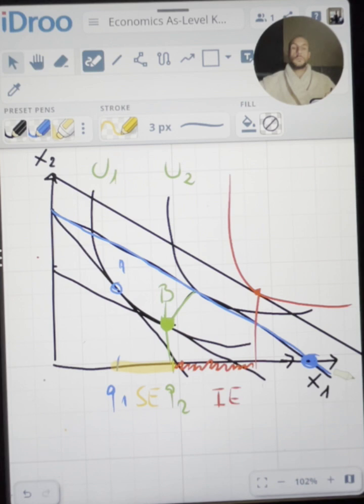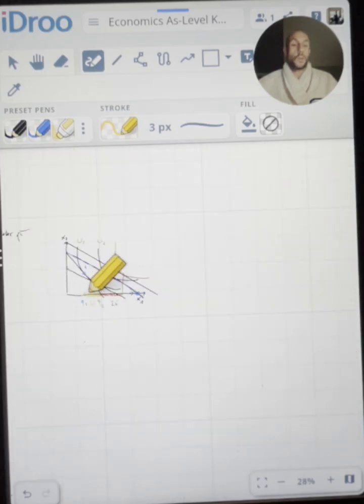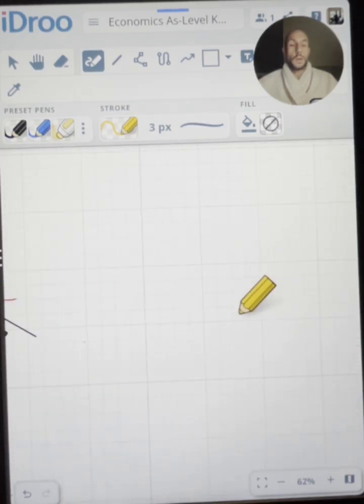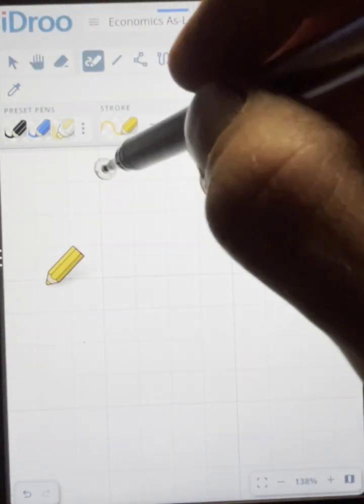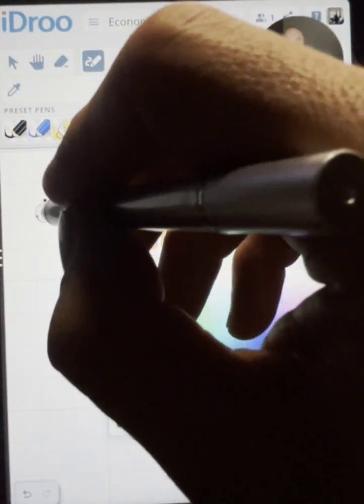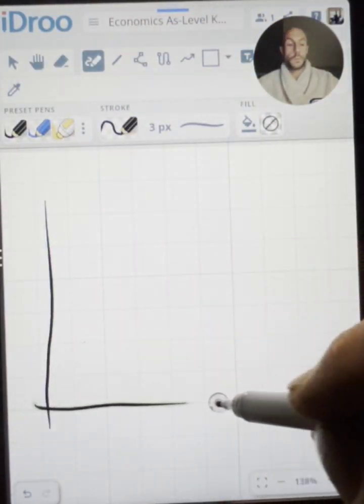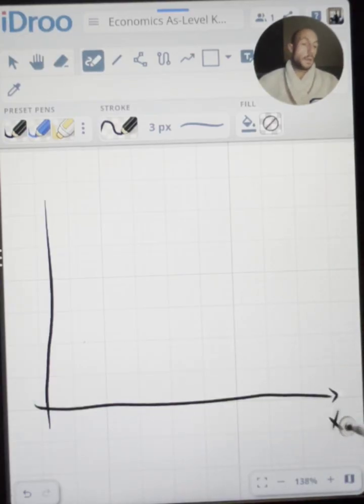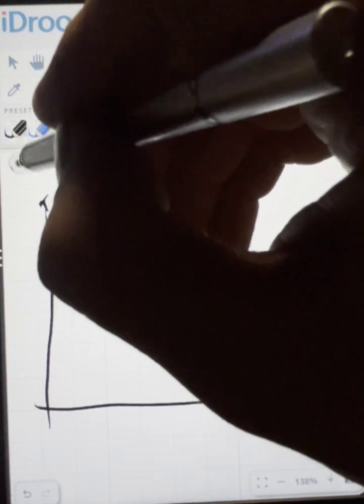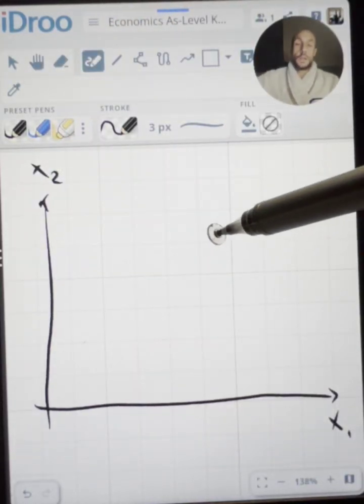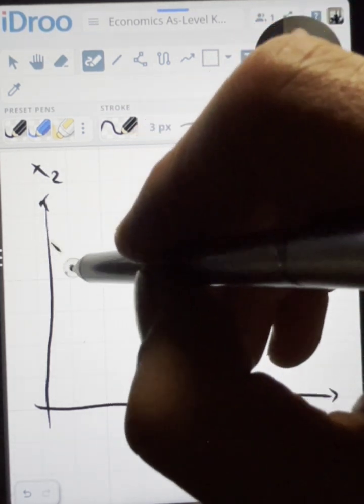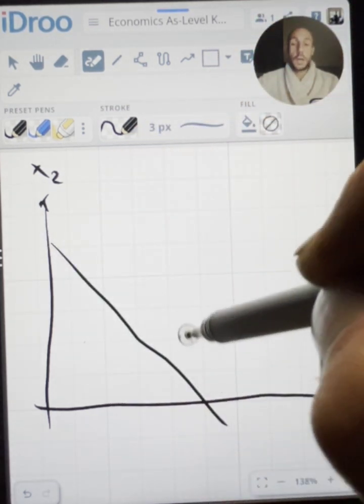All right. Okay. Good. Now let's try doing it, even if I wanted to leave it to you as homework. Let's try to do it for an inferior good. Again, here we have x1, here we have x2, and there is our budget line.